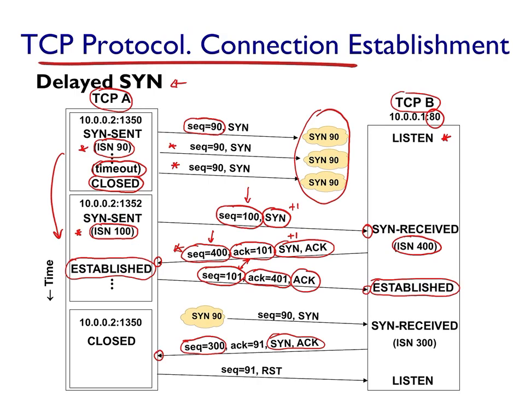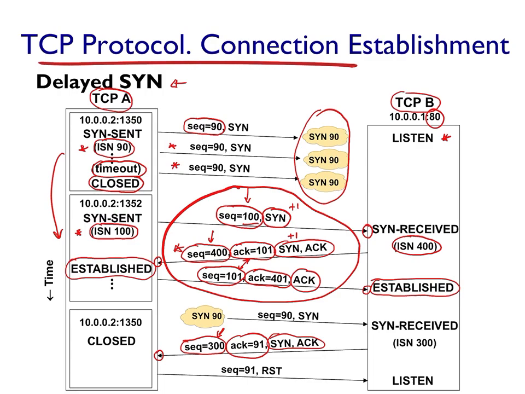But when A receives this segment, it will surprisingly think, I have a connection that is based on sequence number 100, 400. Why am I receiving a sequence 300 and ACK 91 since I'm working with 100 and more numbers?